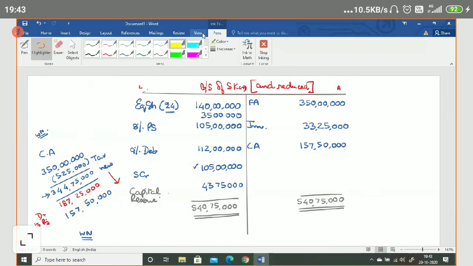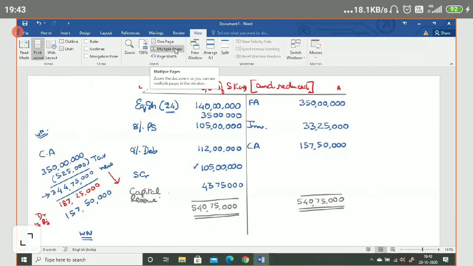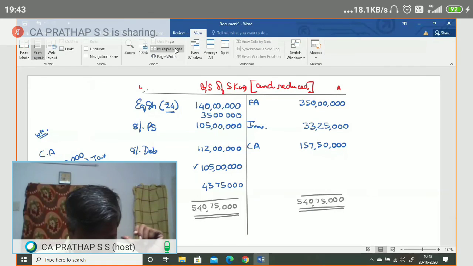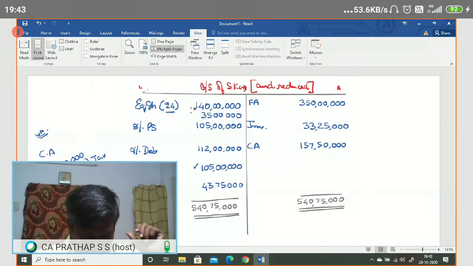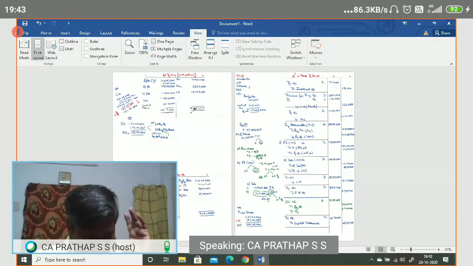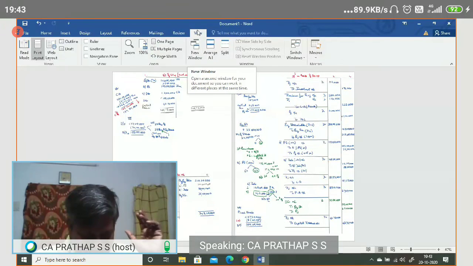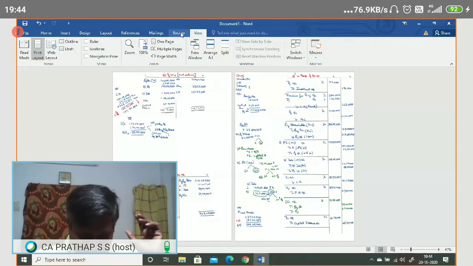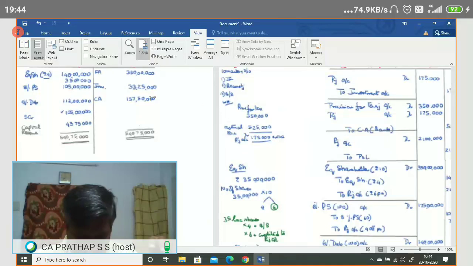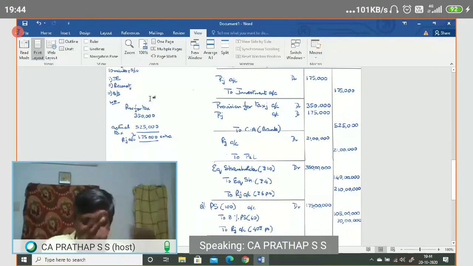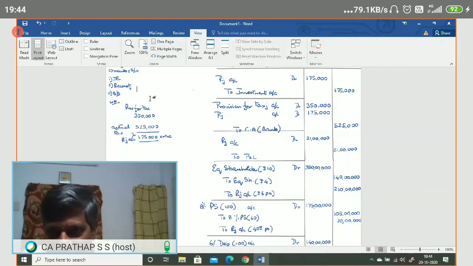I'll try to put a view side by side. Multiple pages. Hey, listen, where is the tech girl? There was one tech person here, no? It used to slide across at full length, like a roll, so I can keep this side by side. Anyone knows how to do it? The full page, 100%.